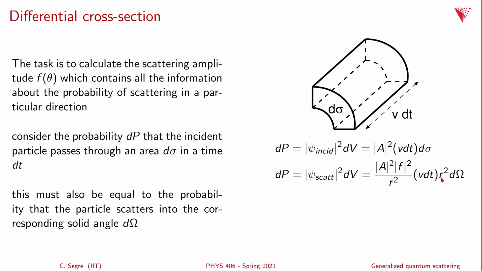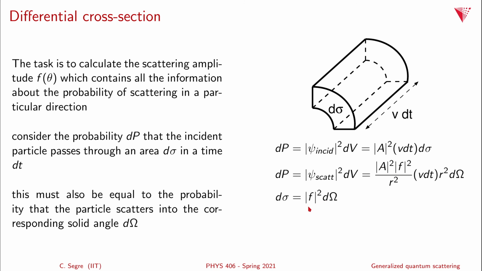So the area is r squared d omega, v dt is still the velocity of the particle in the time, and now you have that scattered radiation, which gives you that A squared f squared over r squared. That's the scattered radiation only, not the sum of the two. Because the scattered radiation, if you recall, is a spherical wave with a scattering factor f of theta and a normalization constant A.